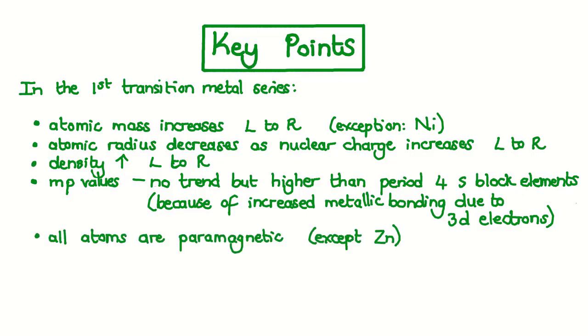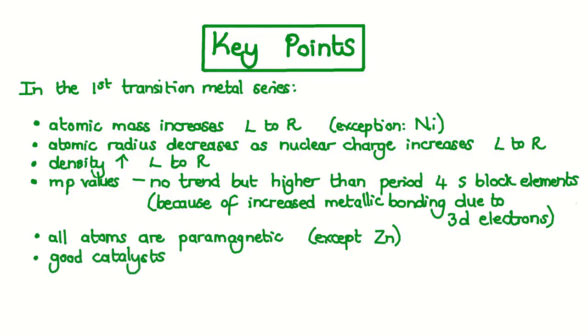We said this is because of the increased metallic bonding in these transition metals due to the presence of 3d electrons. We saw that all atoms of the first transition metal series are paramagnetic due to the presence of unpaired electrons. The exception is zinc, whose electrons are all paired. However, zinc is not technically a transition metal, according to the definition.